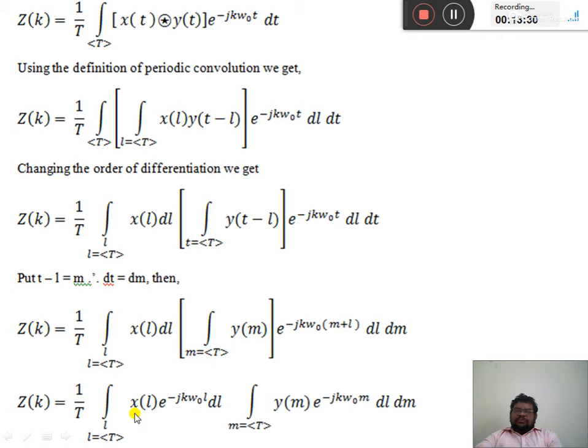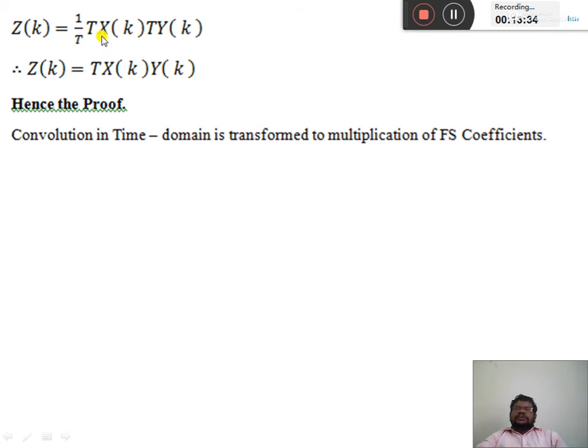So this is T times x of k, whereas this is T times y of k. We'll get T times x as shown here. One T will be eliminated, and finally we'll get z of k is equal to T times x of k and y of k. Whatever the convolution in the time domain, now in the frequency domain it is a multiplication.